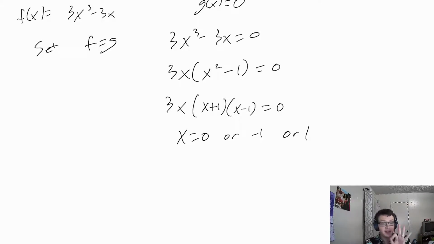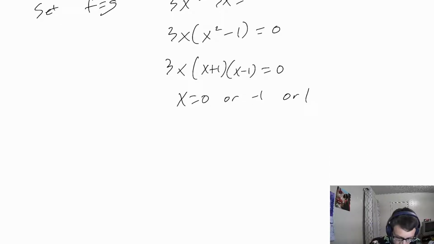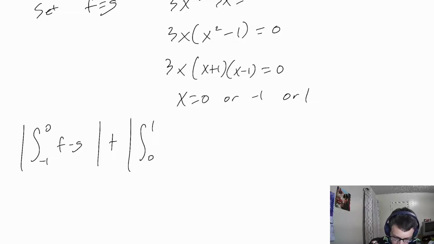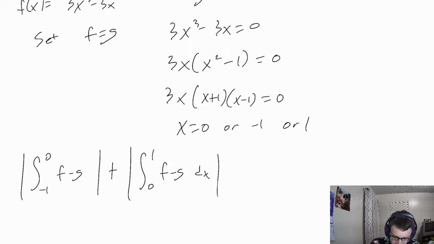So we have 3 bounds of integration. So we need to set up 2 integrals. One from -1 to 0 of f minus g in absolute value, plus an integral from 0 to 1 of f minus g. Those are 2 integrals that we need to set up. I may have said 3 earlier. I didn't mean 3. I meant we need to set up 2. So what is f minus g?